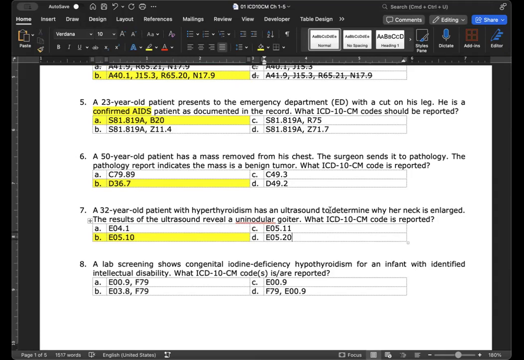Whereas B20, and I use the phrase "full-blown AIDS" very loosely because it's probably not the best description of it, is when they are now not only present with it in their body, but it's actually starting to show symptoms and become a syndrome, versus just the virus being present with no symptoms. Does that make sense?